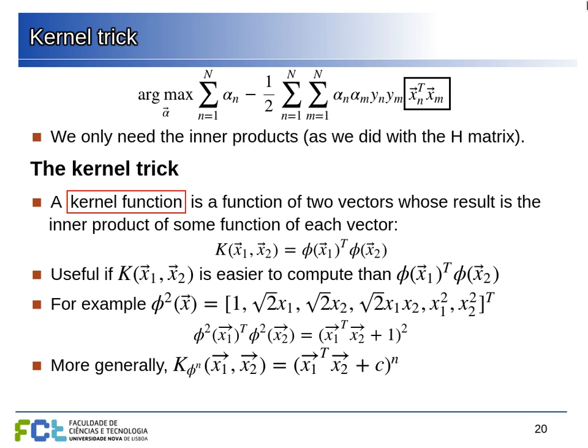I'm going to give a specific example to make it easy to understand why this is useful. Suppose that we have this transformation that takes one vector of two coordinates, x1 and x2, and transforms it into this vector that has 1, square root of 2 times x1, square root of 2 times x2, square root of 2 times x1 times x2, x1 squared, x2 squared. So we have this vector of 6 dimensions, where we first had 2.